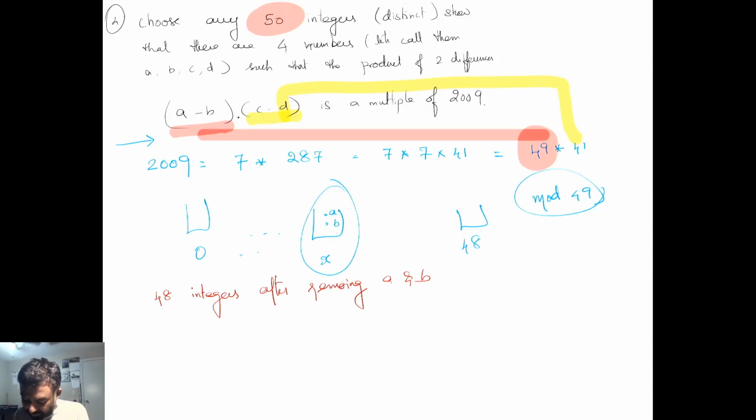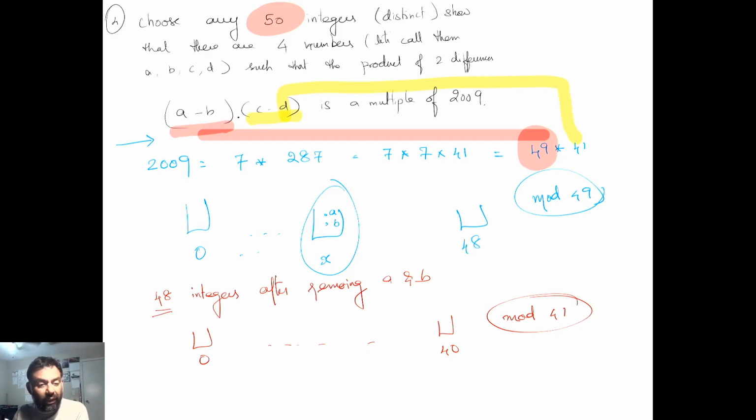You have 48 integers. I'll repeat the same thing as binning earlier, but now for these 48, I'm going to bin it up to what? Mod of 41. So that means it will essentially land into, in fact, I have 48. I only needed 42, right? But I have more here.